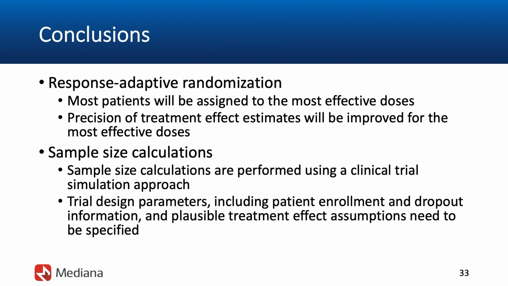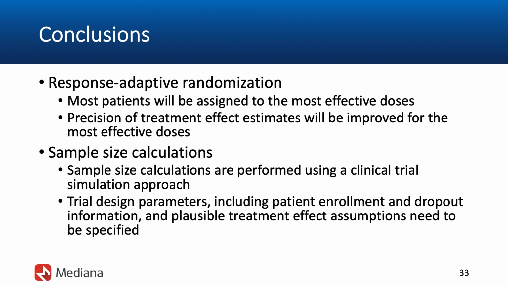We are ready to wrap it up with adaptive designs in phase 2 or proof of concept studies. What I've presented was a quick introduction to key approaches employed in adaptive dose finding trials or proof of concept studies, and this slide presents high-level conclusions.